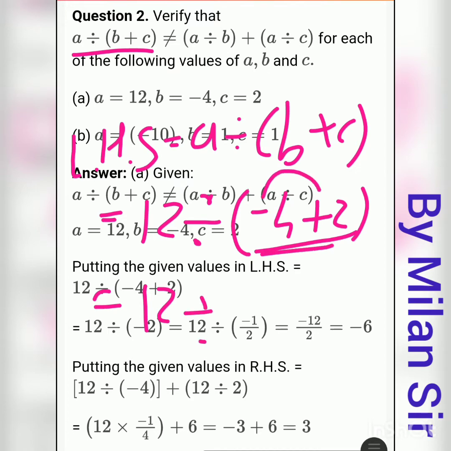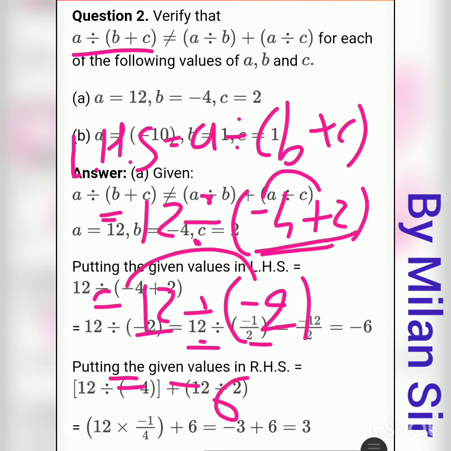Minus 4 plus 2: the bigger number 4 has a negative sign, so the answer is negative, -2. After that, 12 divided by -2: 12 divided by 2 is 6, and plus times minus, so the answer of our left hand side is -6.